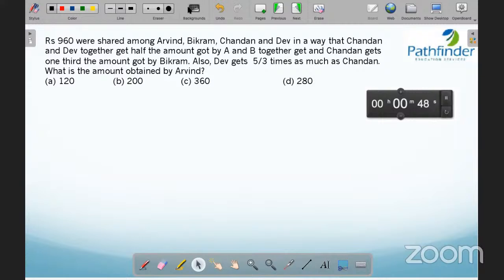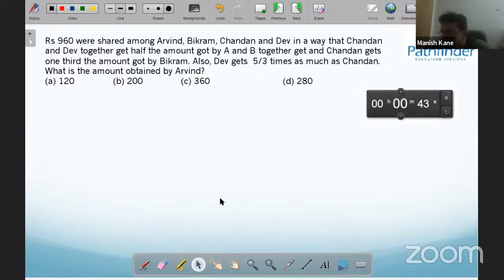And for all the joinees, this is not a basic class. No, this is not a basic class. This is a revision class. So I do assume that most of you have some know-how of ratio. So a basic class would be very different from this class.